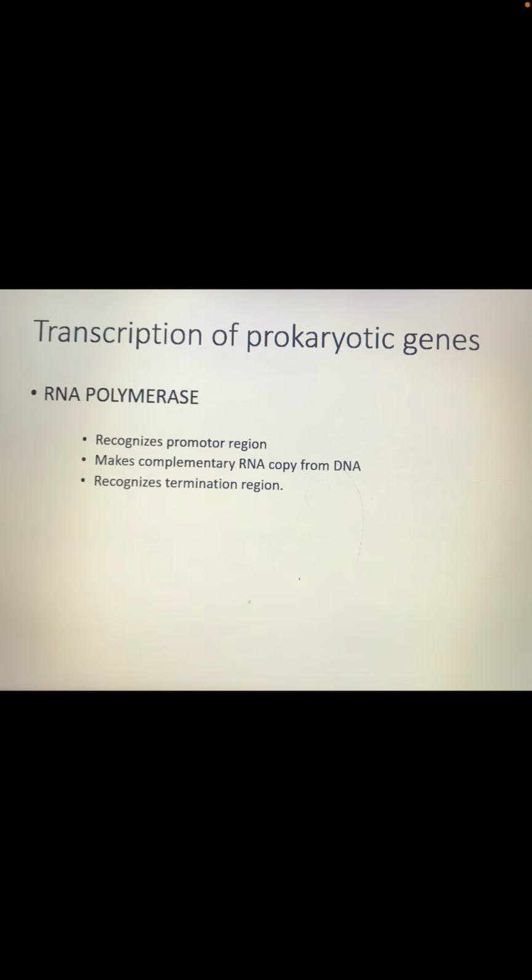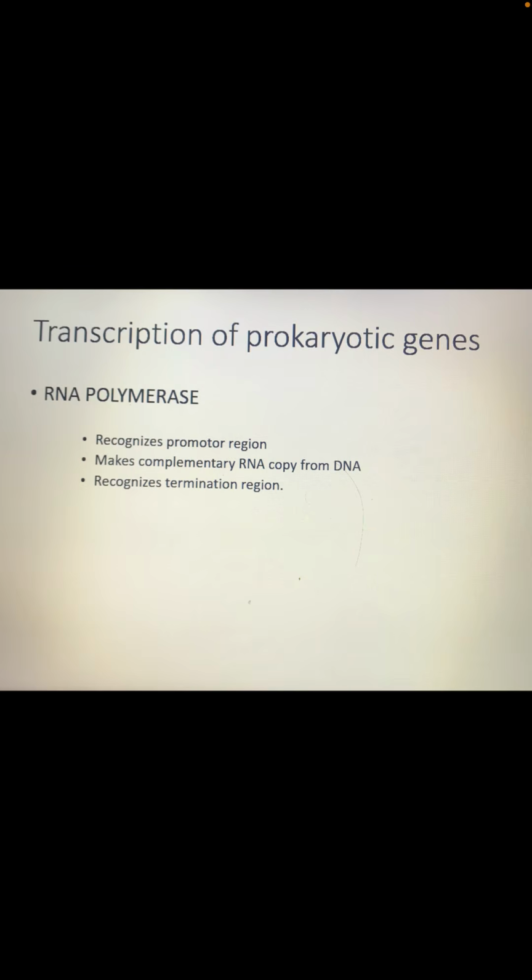Secondly, what this RNA polymerase is going to do, it recognizes the promoter regions. So this is another important term which you're going to learn in this lecture, the promoter. What basically the promoter is, these are the conserved sequences which are present in all the species and responsible for the recognition of initiation machinery.